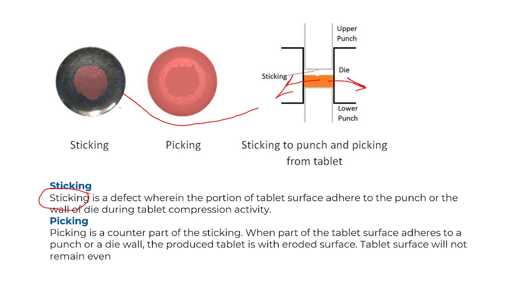Because of that adherence, the side of the tablet surface gets removed. Some white colored spots we are observing, the sides of the tablet are removed. Picking is nothing but pinholes on the tablet surface. Pinholes like this on the tablet surface we call picking.